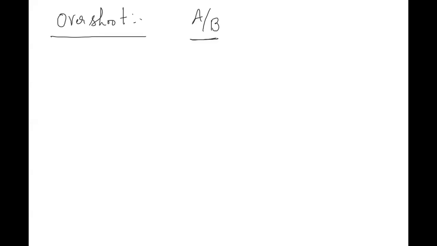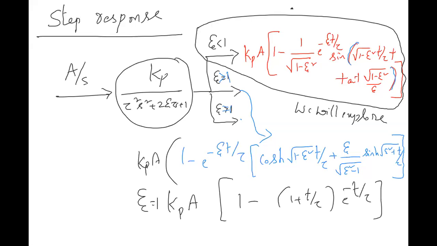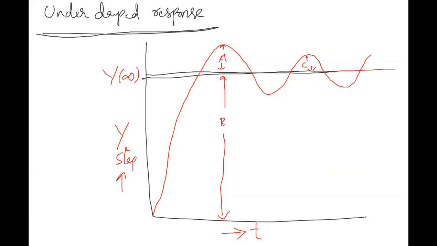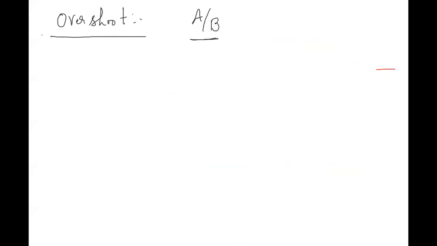You take this equation, the equation that we are writing now. If you differentiate this equation, you will get t max. If you put that t max, you will get A plus B. But you know what B is. B is nothing but the final value. That is how you can solve for the overshoot.